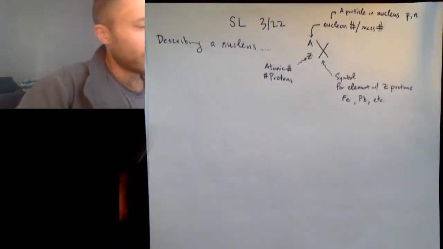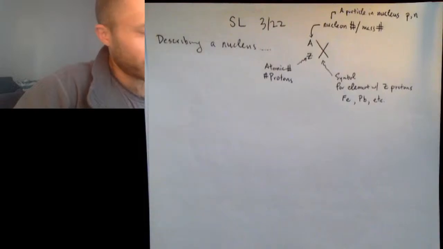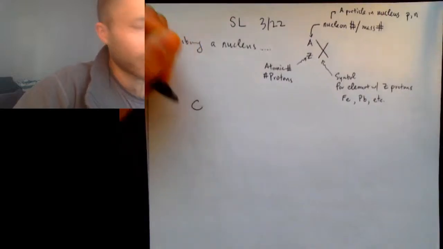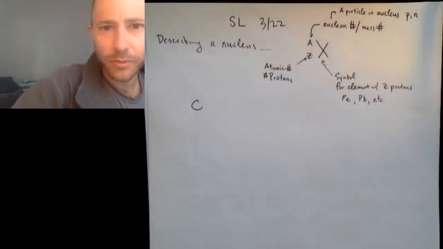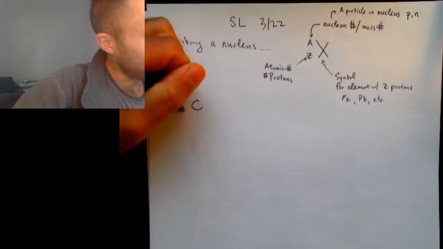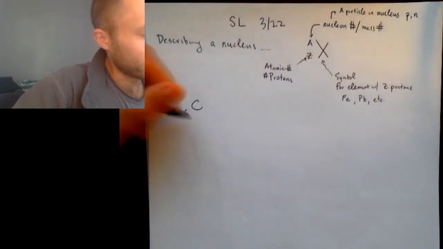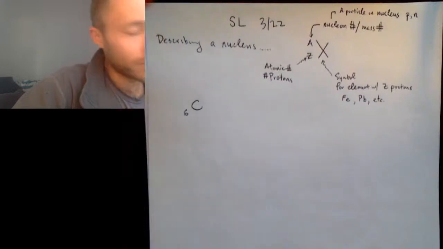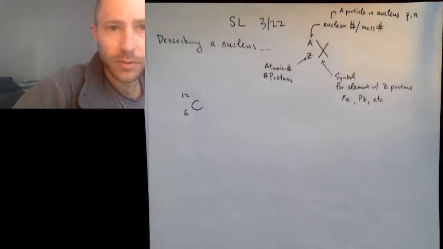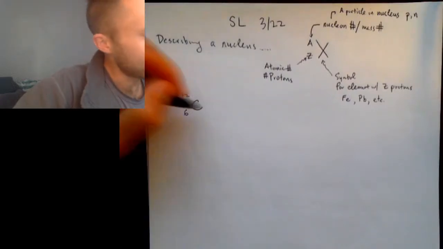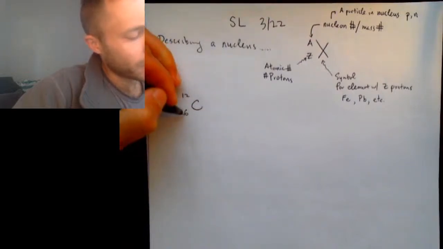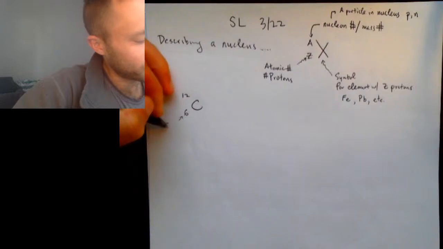Okay. So let's talk about, for example, carbon. Carbon has the symbol C. Carbon has atomic number 6, and it has 12 nucleons. Carbon 12. So what does this mean? Well, we've got 6 protons.